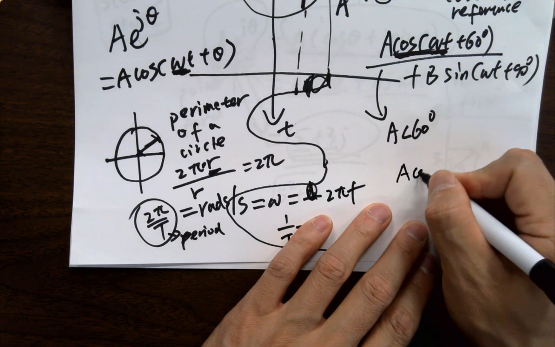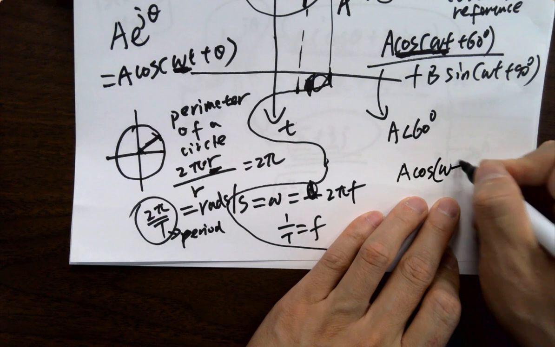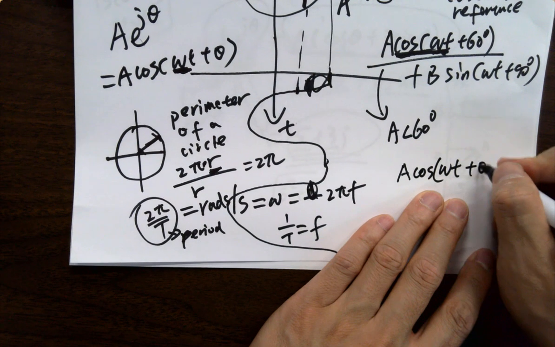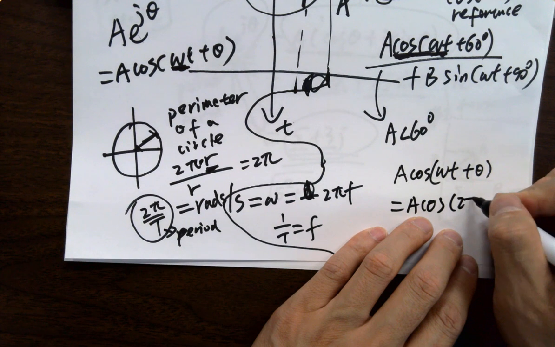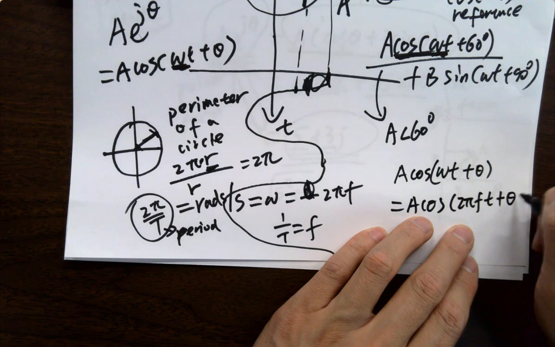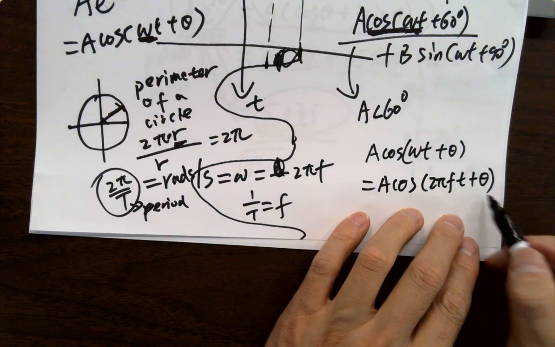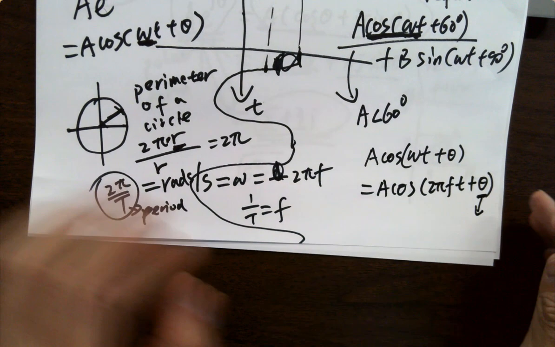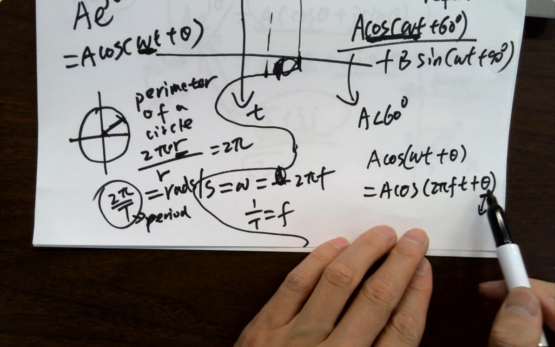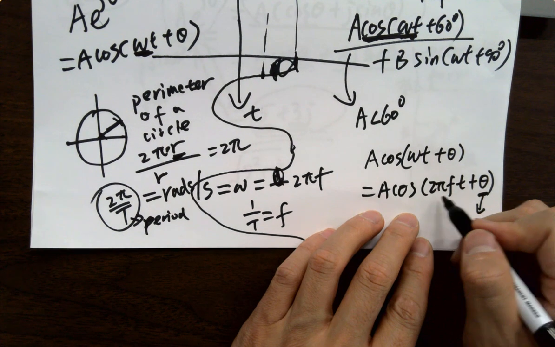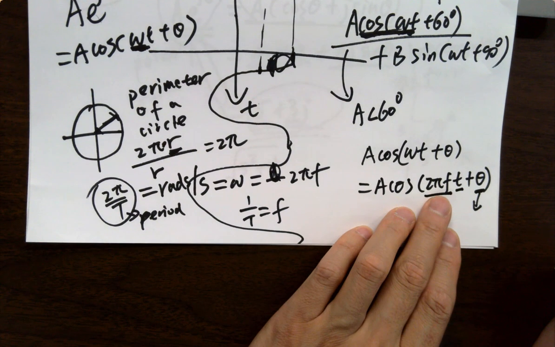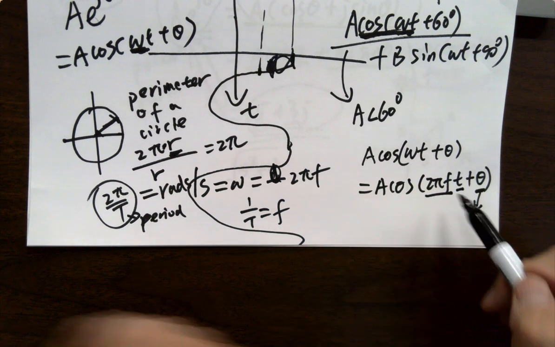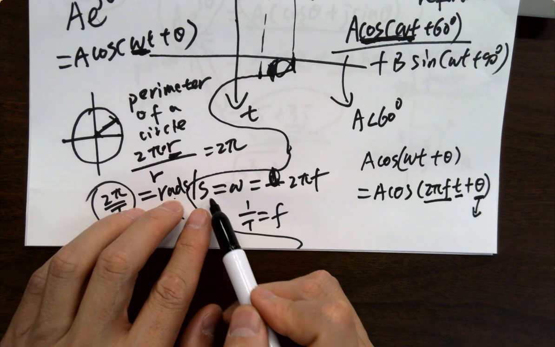So A cosine omega t plus theta also equals A cosine 2 pi f t plus theta, right? So this angle has to be what? See here, 2 pi f t. What is this? 2 pi over T is radians per second, right?